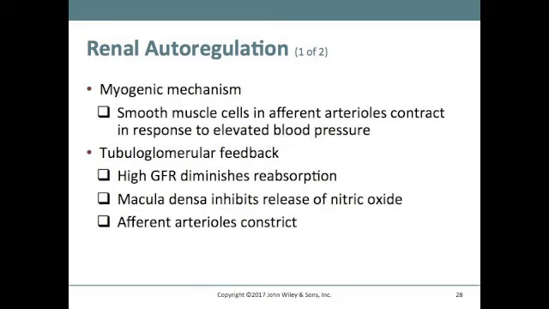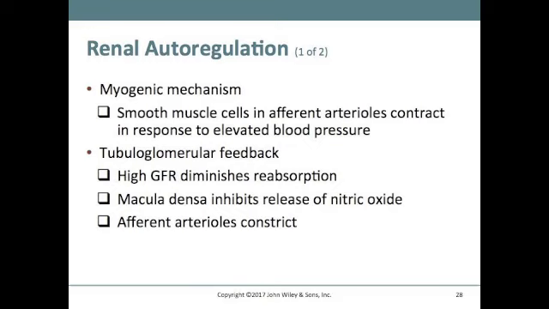Because nitric oxide causes vasodilation, afferent glomerular arterioles constrict when the level of nitric oxide declines. As a result, less blood flows into the glomerular capillaries, and the glomerular filtration rate decreases. When blood pressure falls, causing glomerular filtration rate to be lower than normal, the opposite sequence of events occurs, although to a lesser degree.